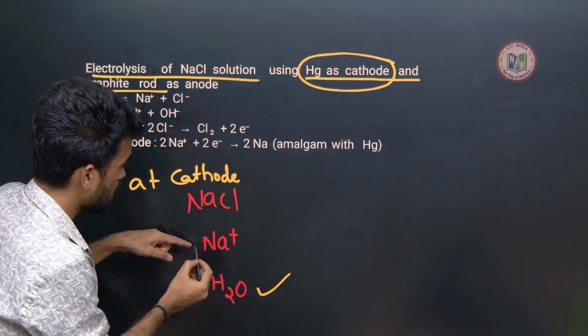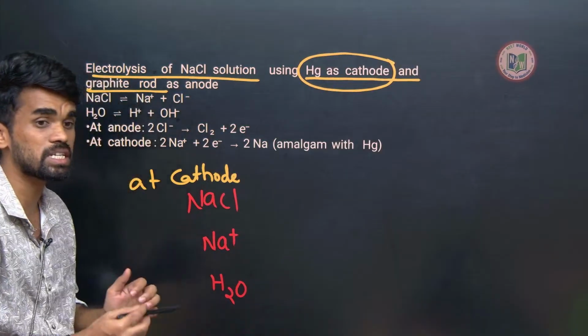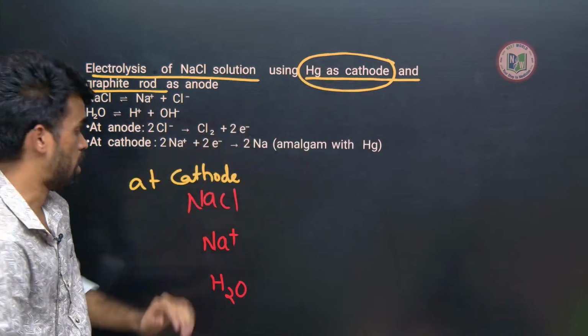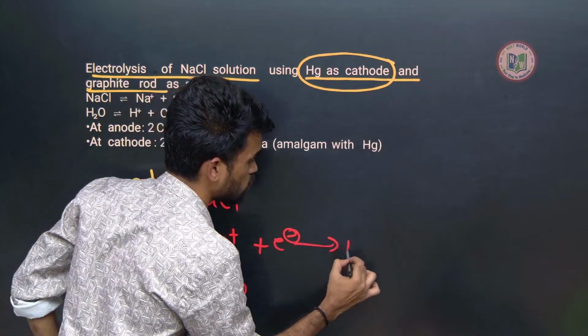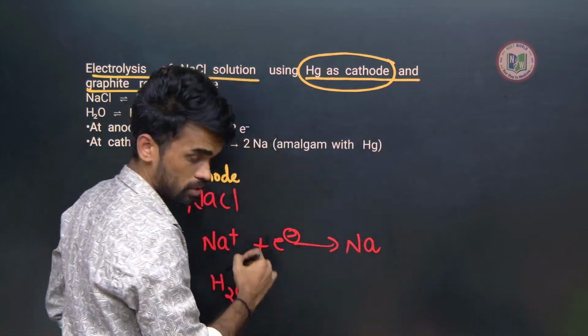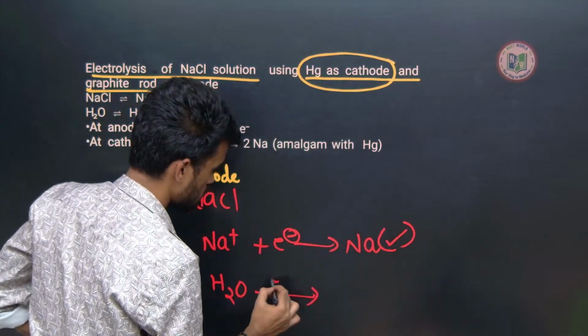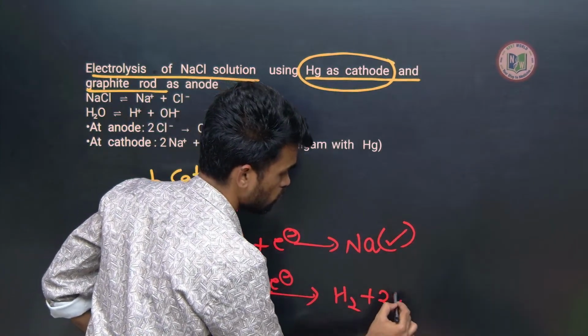So at the cathode, out of the two ions H plus and Na plus, which will discharge first? Sodium. The reduction of sodium ion takes place here to form sodium. This is the possible reaction, not the one giving H2 plus 2 OH minus.